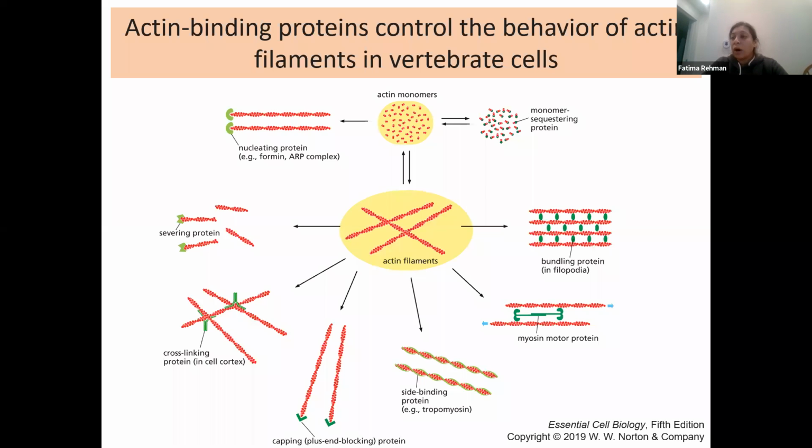This is how our animal fibers especially work, with the help of these binding partners. Tropomyosin is one of those proteins that can wrap around the filament and maintain its structure and position and kind of stabilize it. And then myosin motor protein is a set of proteins that can help move these individual filaments, sliding them along each other.